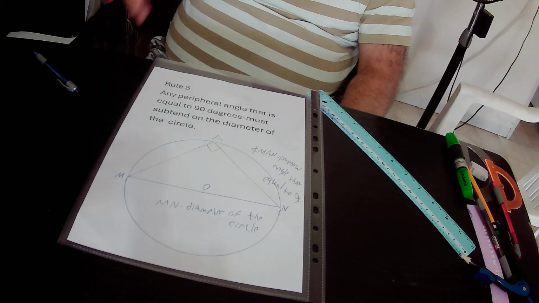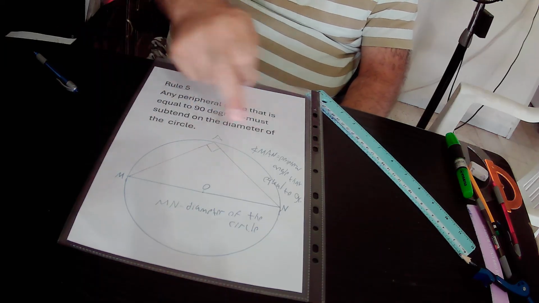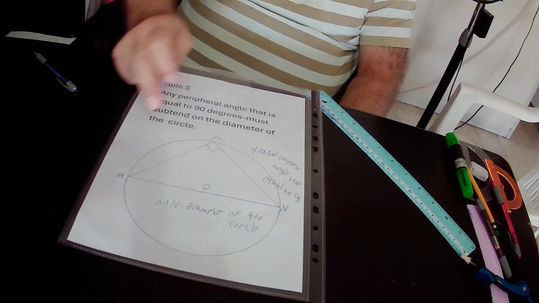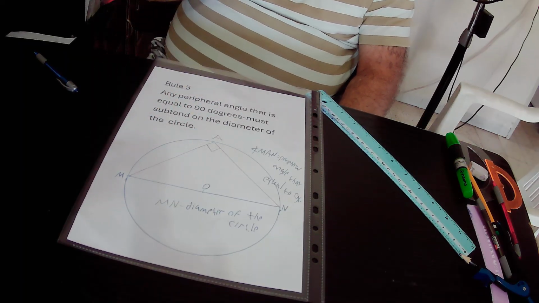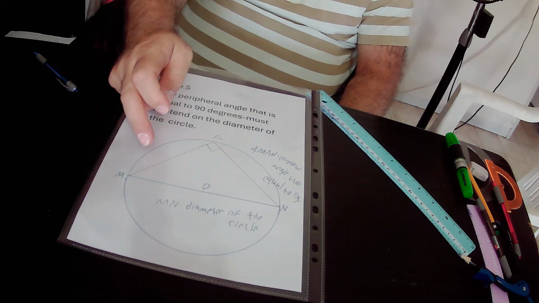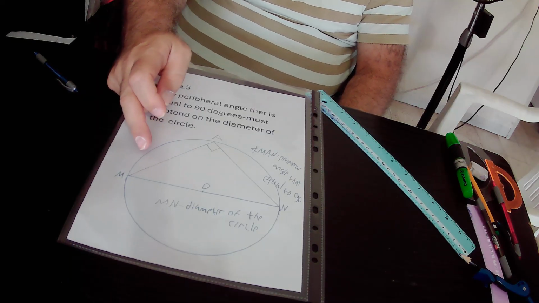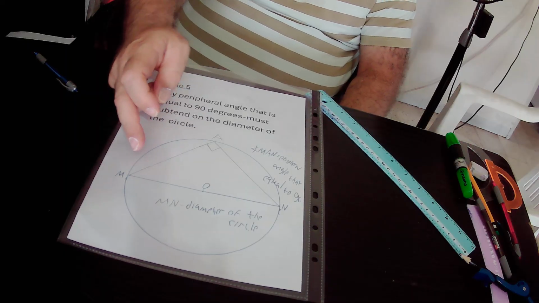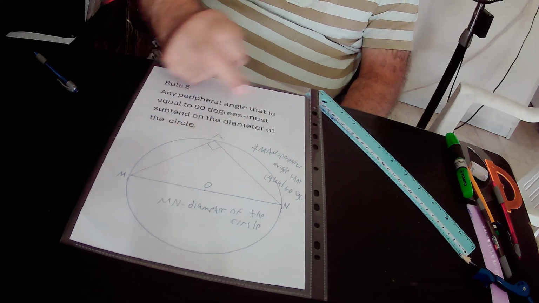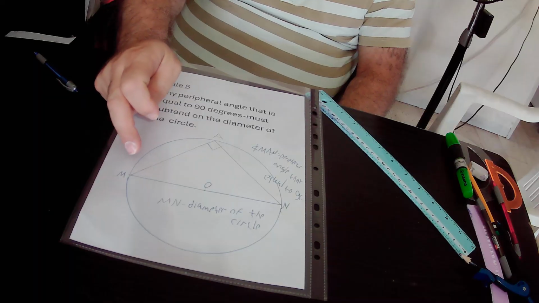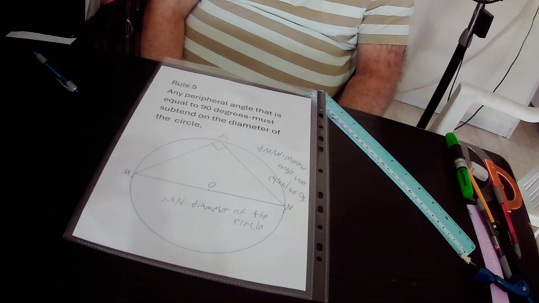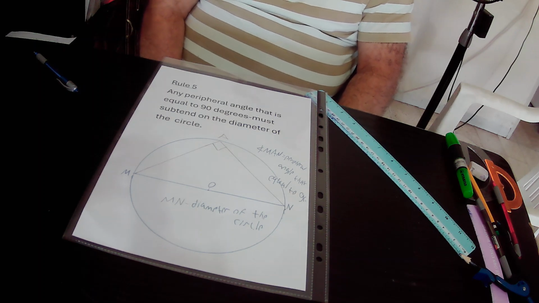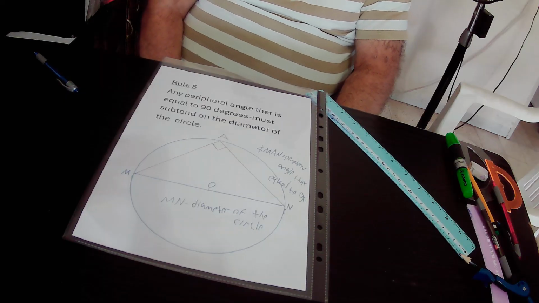And therefore, according to this rule 5, peripheral angle MAN must be equal to 90 degrees in size, and it must subtend on MN, which is the diameter of this circle. And indeed, peripheral angle MAN, which is a right angle, subtends on MN, the diameter of this circle. So according to rule 5, any peripheral angle that is equal to 90 degrees in size must subtend on the diameter of the circle.